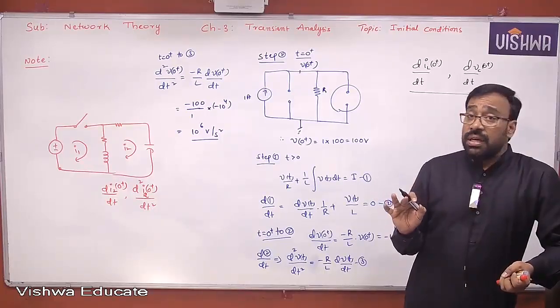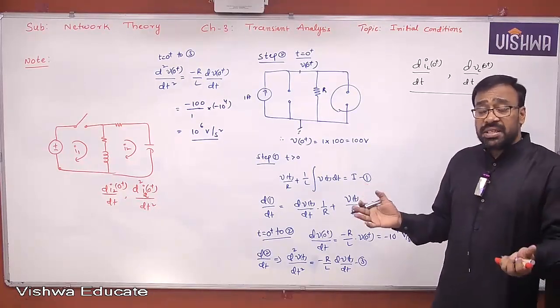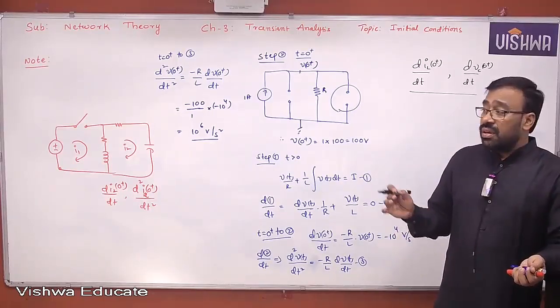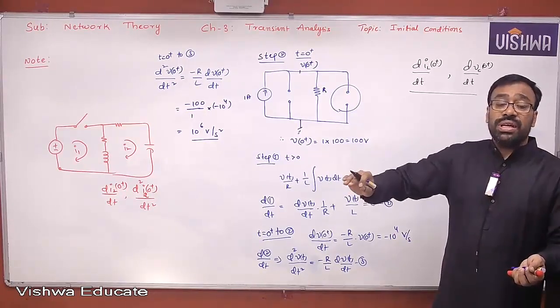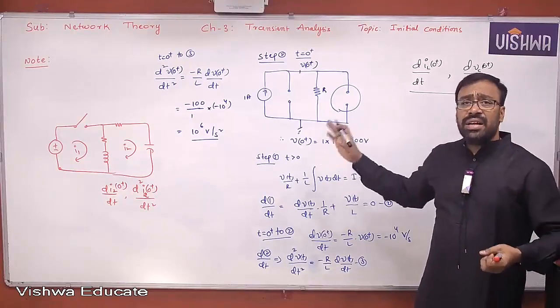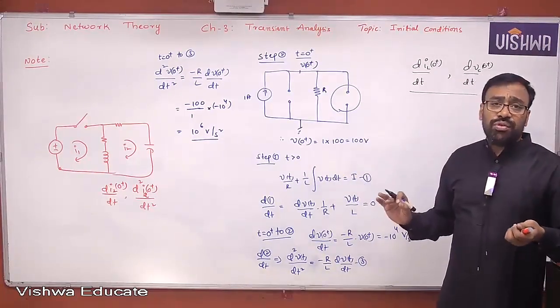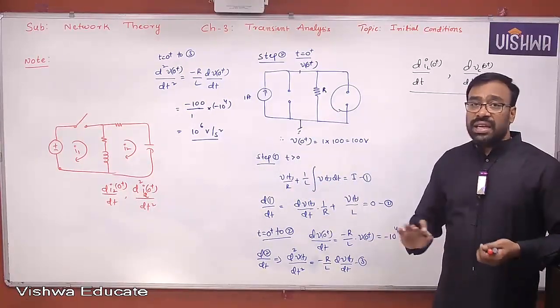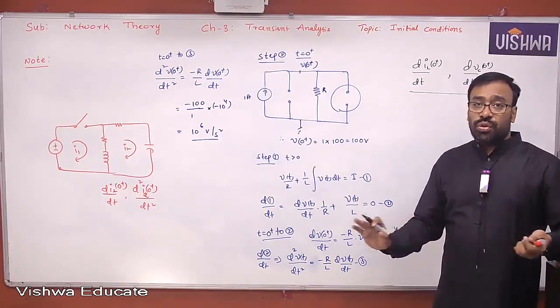Understand all of you? In case for any reason, unexpectedly, you get a question which consists of other than current through inductor and voltage across capacitor, the first order derivative terms, or any higher order derivative terms, definitely you have to go for the step-by-step approach, the third step, without any hesitation or failure.